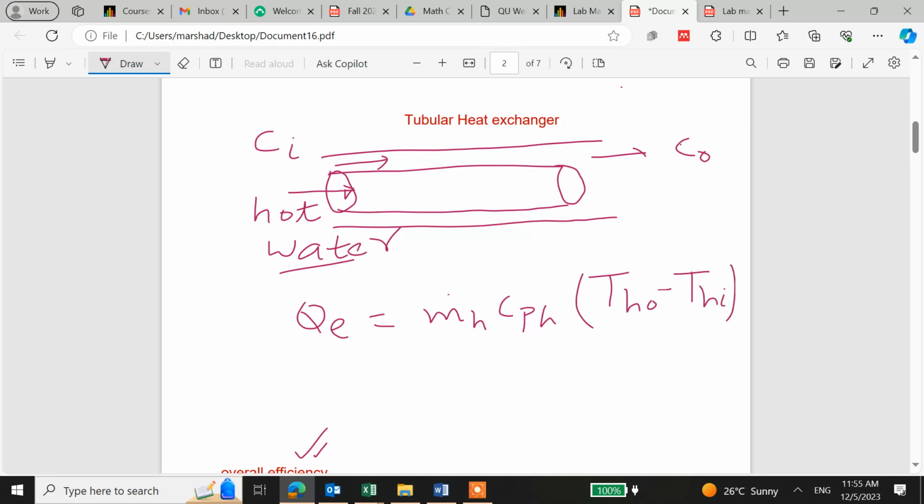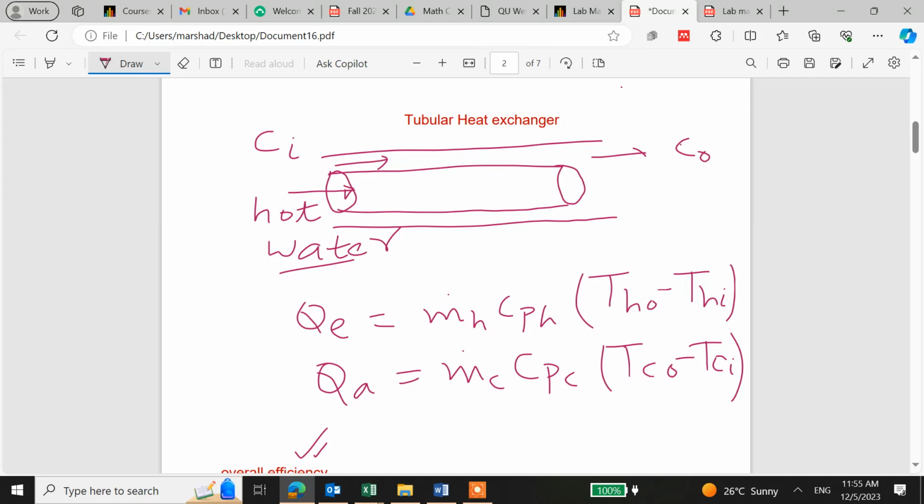This is the heat emitted by the hot, and then the cold will absorb, isn't it? So cold will absorb: m dot of cold, Cp of cold, times TC out minus TC in.